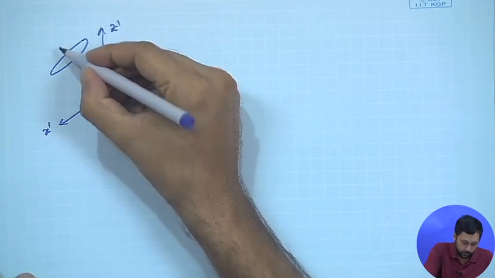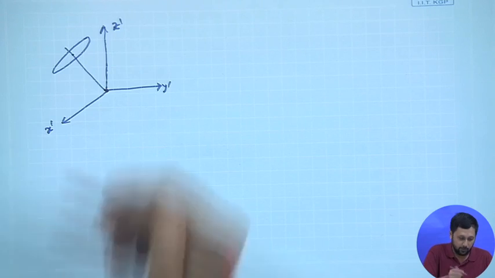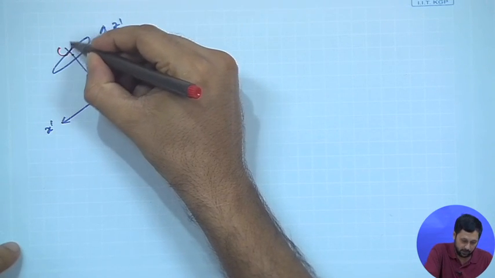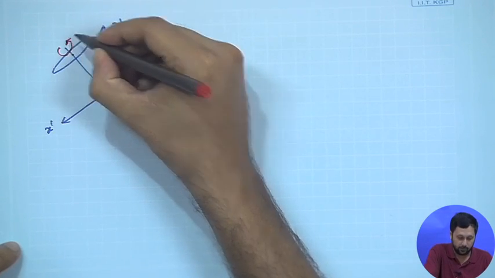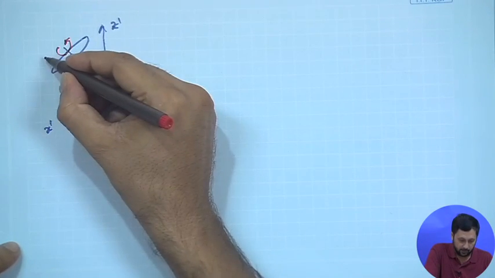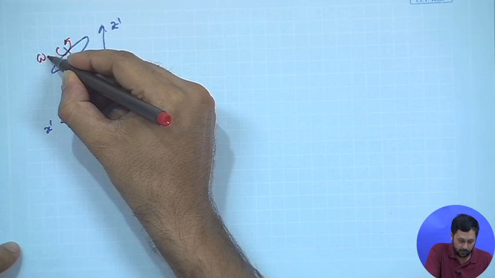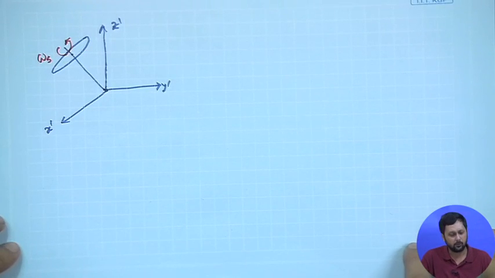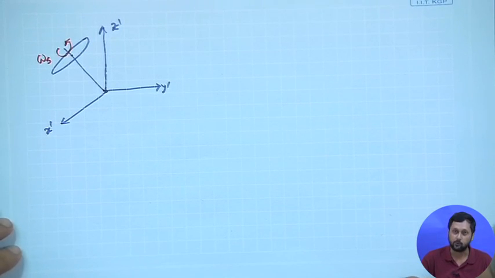So, the first possible motion is the spin motion of the top, spin around its own axis, which is given by, let us say, a spin velocity omega s, or we can also call it omega z, that is up to you.